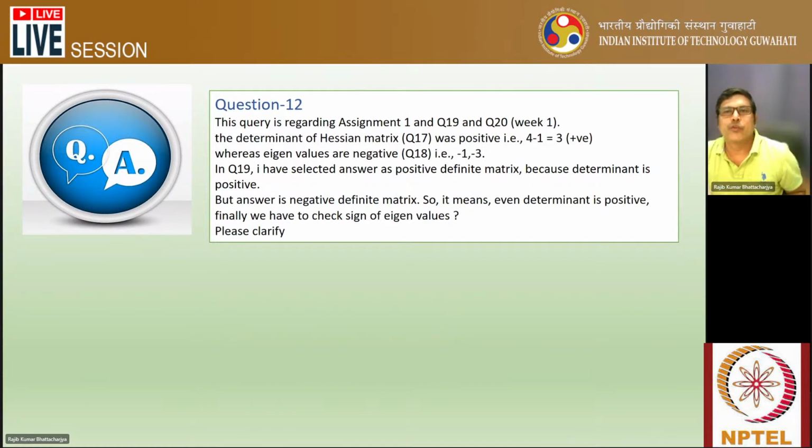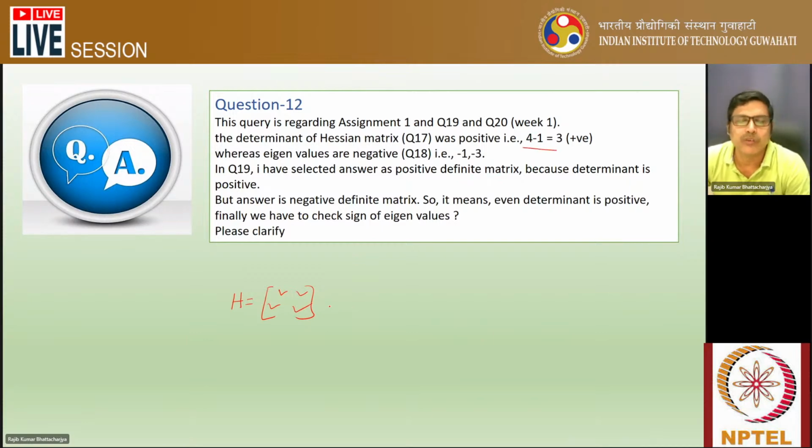This is related to whether your function is positive definite or negative definite. Here you calculate the Hessian matrix, and then you need to check whether this Hessian matrix is a positive definite matrix, a negative definite matrix, or neither. The question is not about the determinant value of the Hessian matrix.